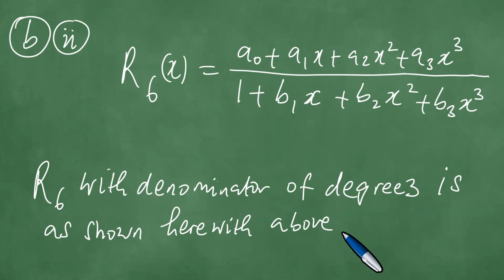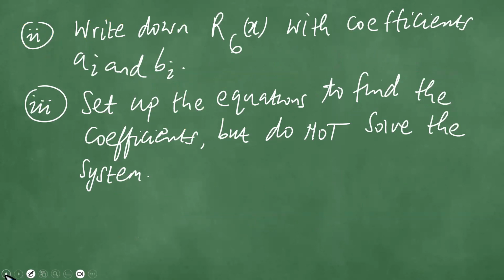Look, there are a couple of things that we need to consider here. Look at the new question, our next focus question. Third Roman figure: write down R6 of X with coefficients AI and BI.